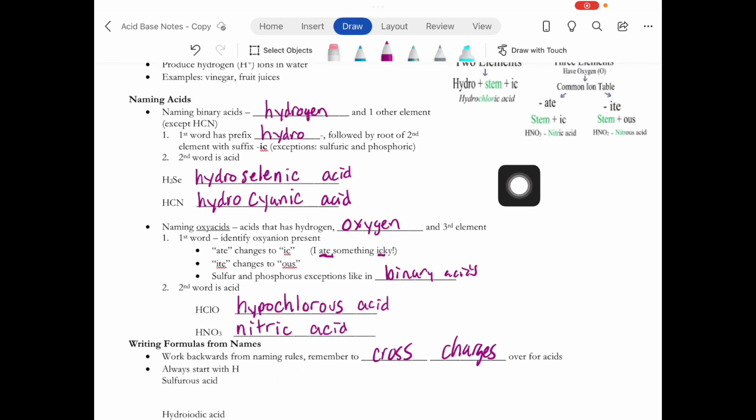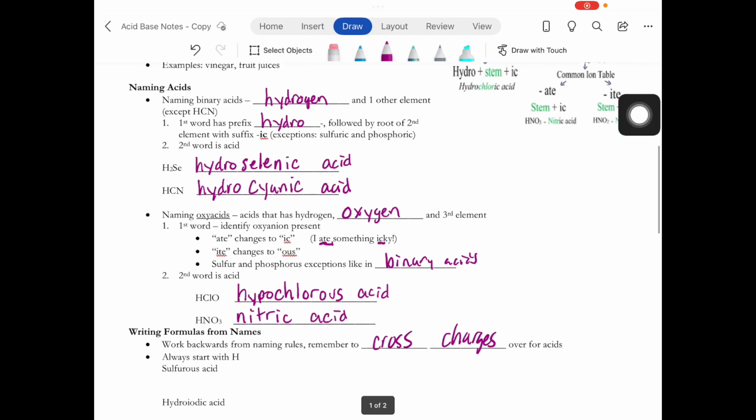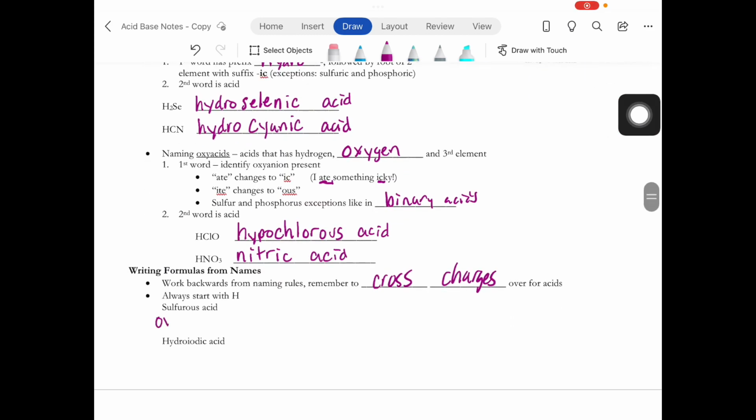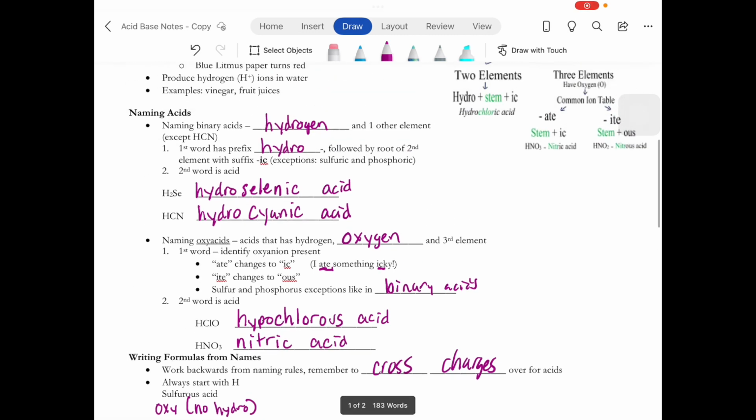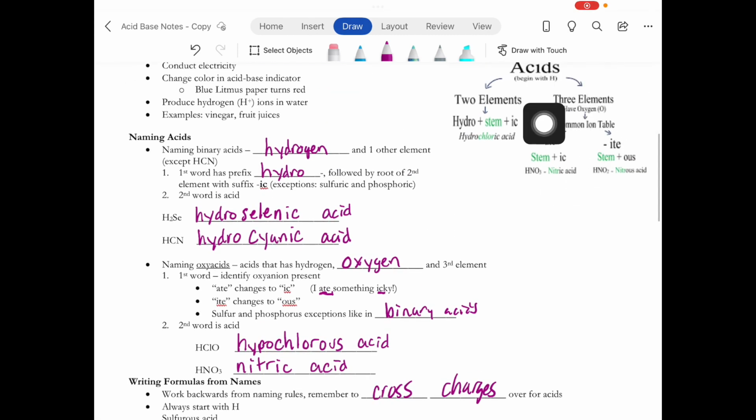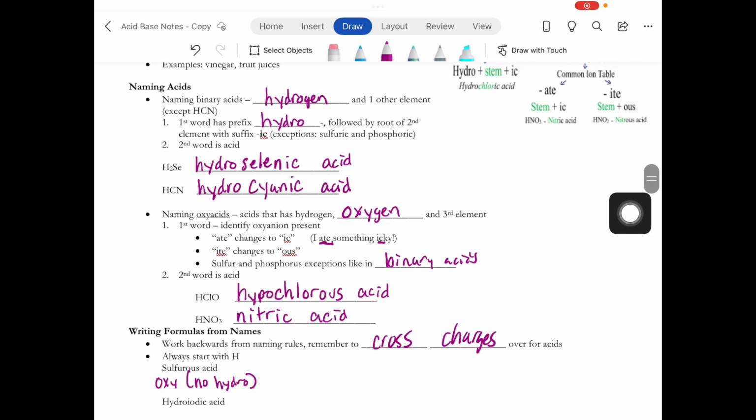Sulfurous must be an oxyacid because there's no hydro. So that means we're going to be looking over here. It says sulfurous, ous, so that means it must have ite.